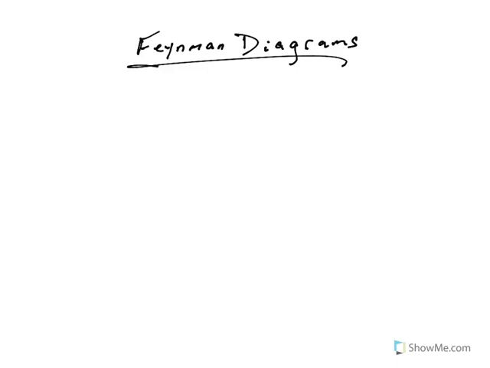So this video is going to be a kind of lighter introduction to Feynman diagrams. Subsequent videos will go into the more hardcore versions, including a lot more of the rules and definitely the actual mathematics that lie behind the Feynman diagrams.